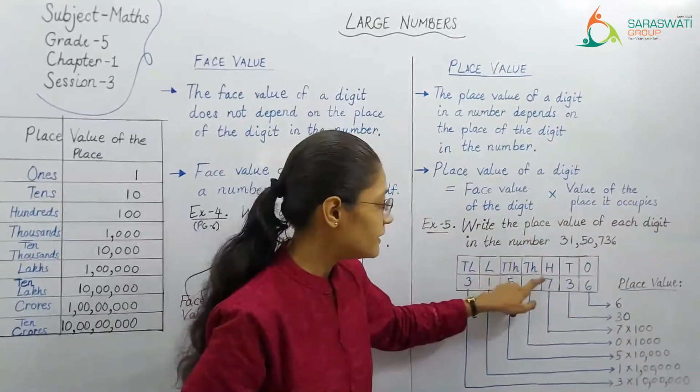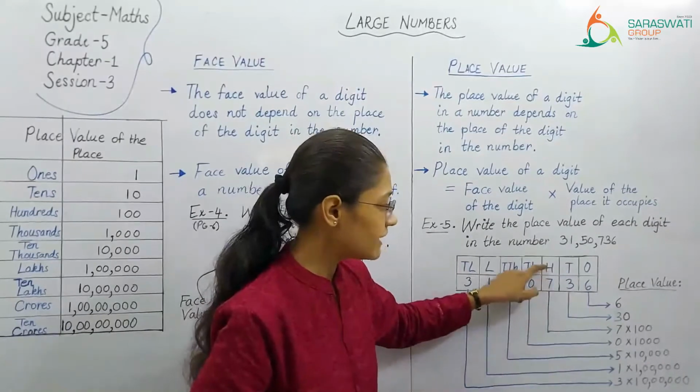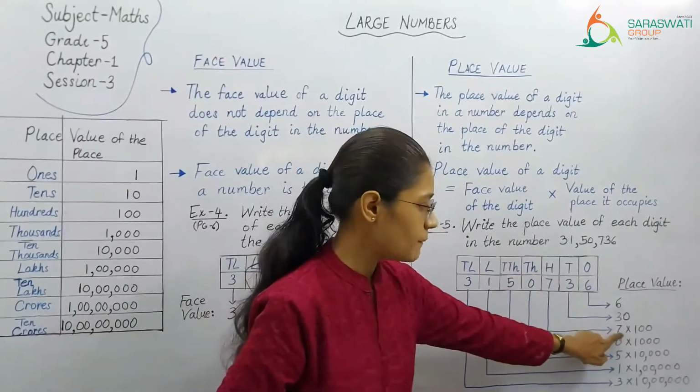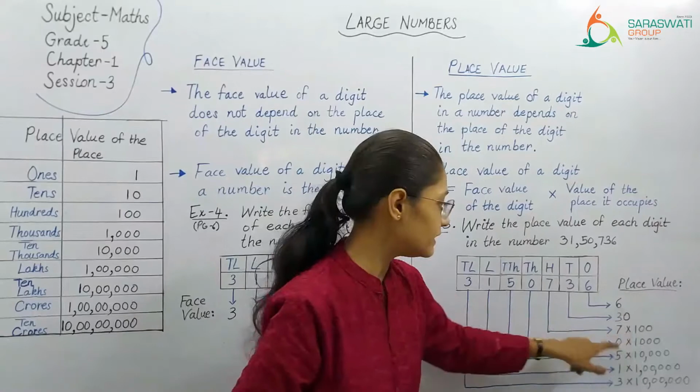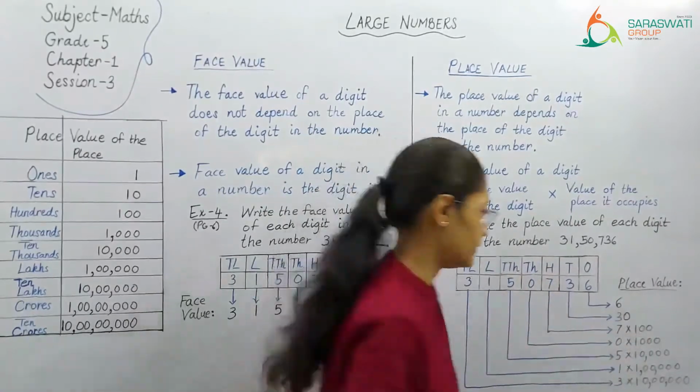Then the value of digit 7 at 100's place is 7 multiplied by the value of the place, that is 100, so 700.